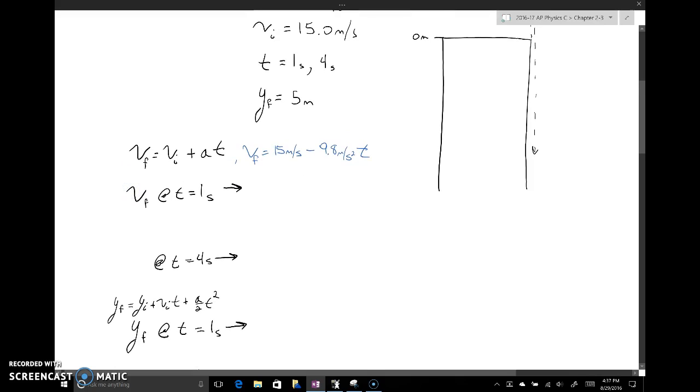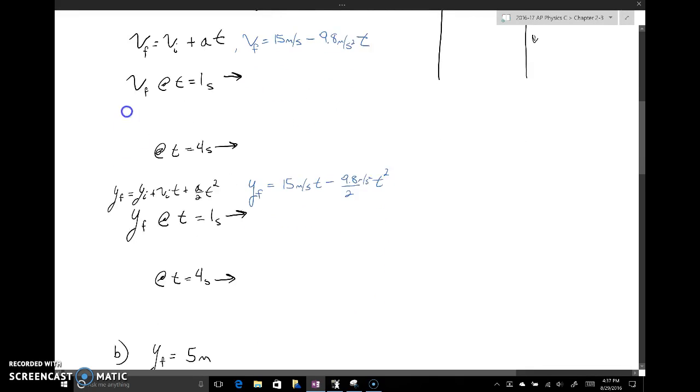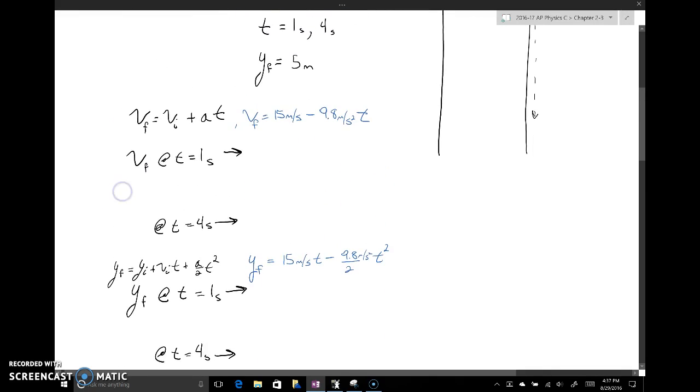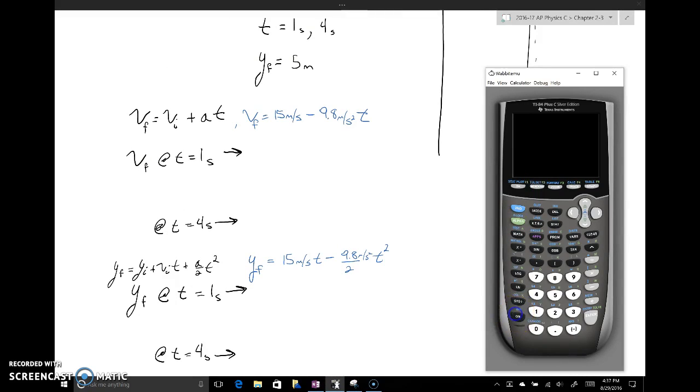And for our position, y final equals, now y initial we set at 0, our initial velocity was 15 meters per second times time minus 9.8 over 2 times time squared. Again, since we have to answer multiple questions, we're going to put these into our calculator.